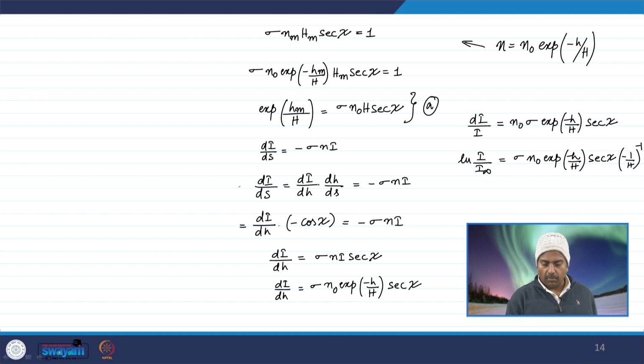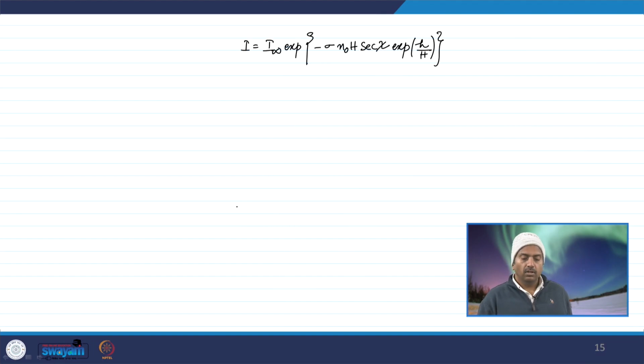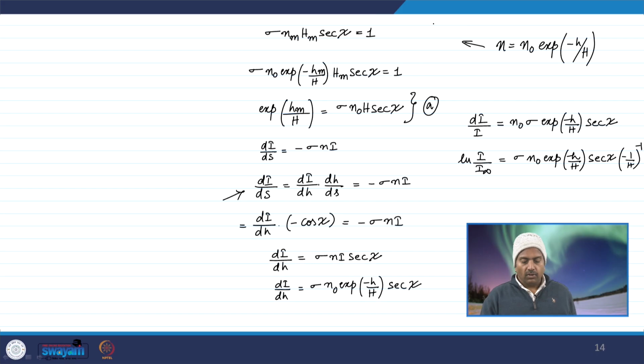I have just applied the chain rule and I have converted variation of intensity with respect to oblique distance into variation of intensity with respect to the vertical distance. You see, that is what it is. You just look at the mathematics once again, you will understand what has been done.